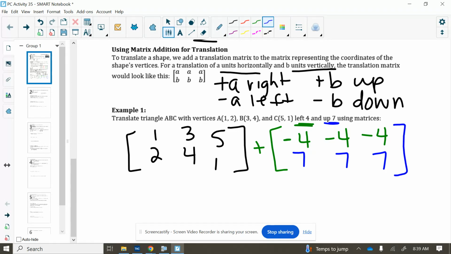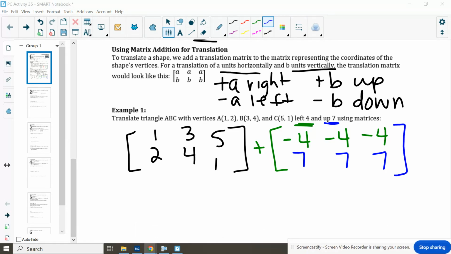Our final matrix would then be written as each of these being subtracted 4, so -3, -1, 1, and then each of these would be added 7 on, so 9, 11, 8.